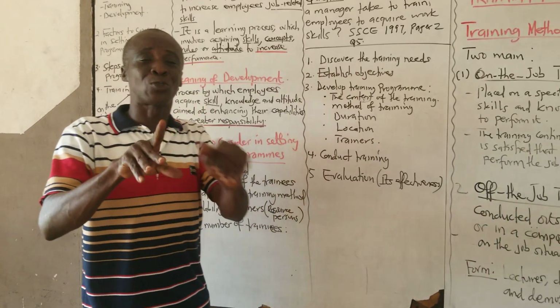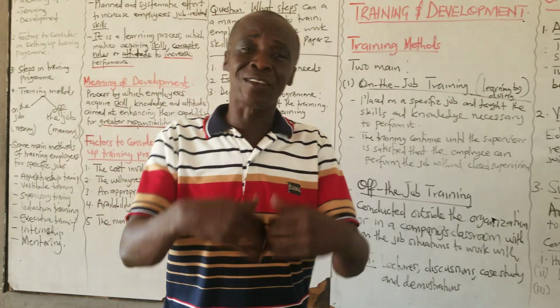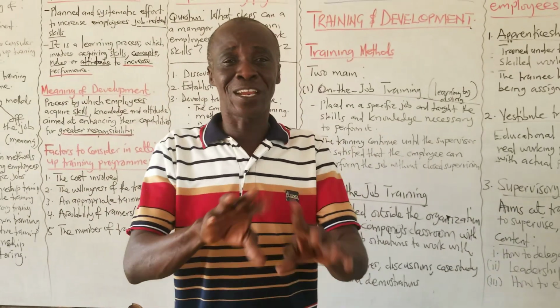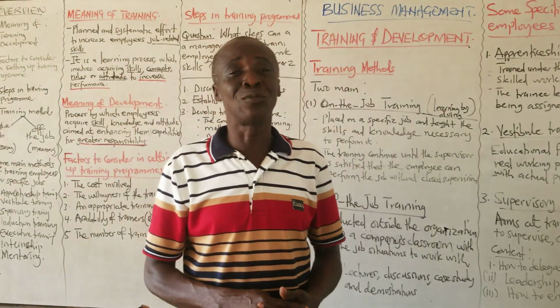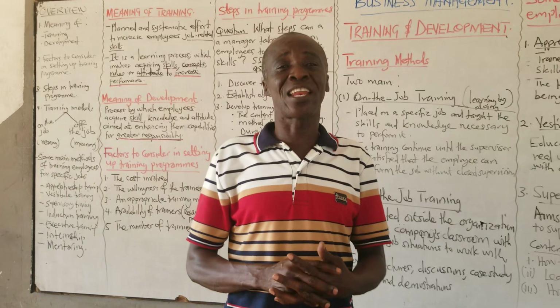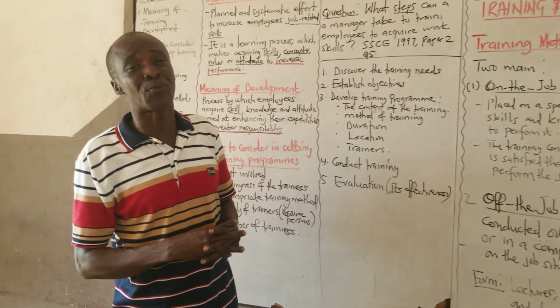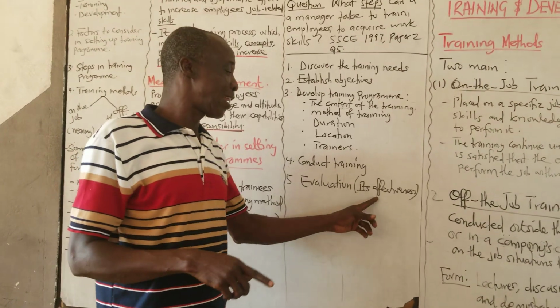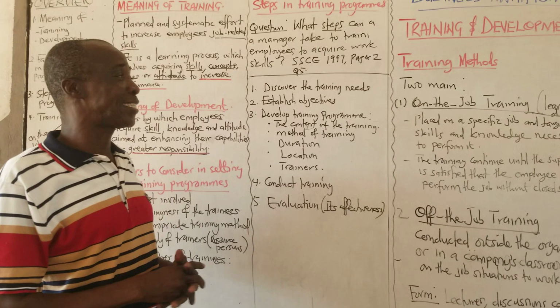So that typist you said should be able to type 60 words per minute, you now give the machine to the person to type, and you tap the pen to see whether the person has been able to do that, or any other skills you wanted the person to acquire. If that happens, then you say the training program has been successful and it has been effective. So that is that.